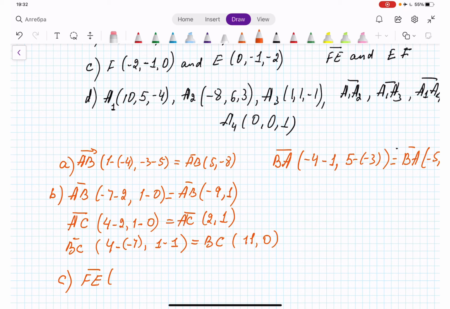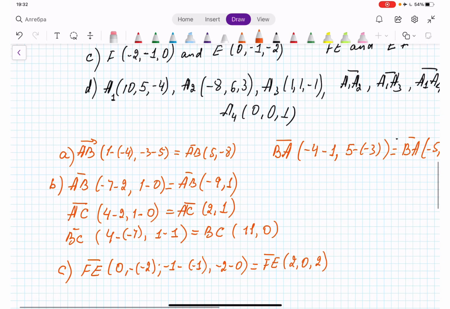So it's 0 minus negative 2, negative 1 minus negative 1, and negative 2 minus 0. So we get vector FE with coordinates 2, 0, and negative 2.